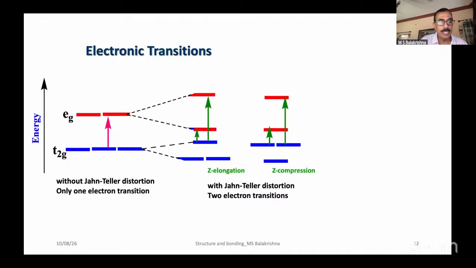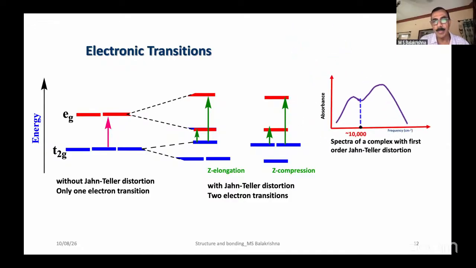You can see from the electron configuration and crystal field splitting I have shown, in both the cases, irrespective of whether it's elongation or compression, you do come across two transitions in the form of a double hump pattern. This is how it appears. I hope it is clear for you people now.